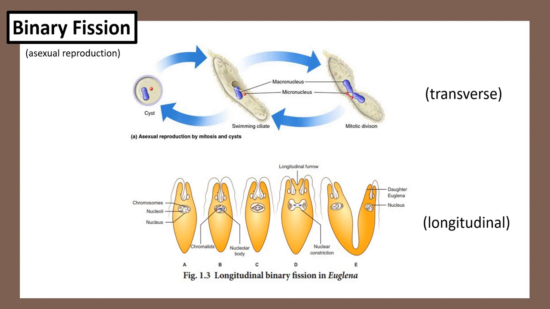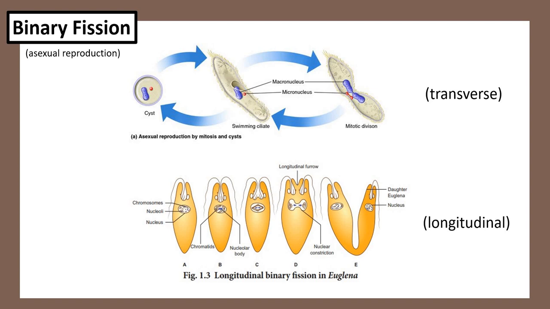Basically what happens is you have this macronucleus and the micronucleus. Macro means big, micro means small. And they multiply, and then you have the organism, the single cell, divide down the middle, and you end up with two identical paramecium that way.